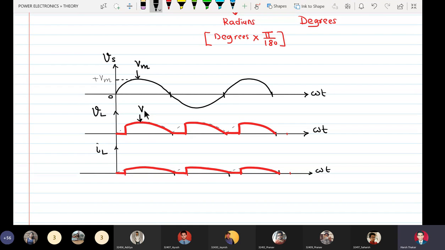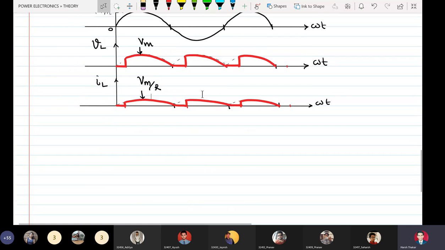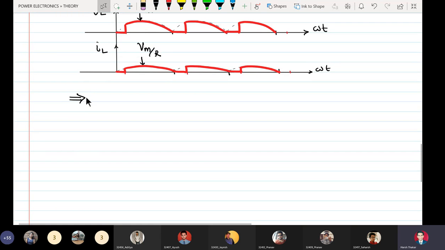So this will be also VM, but this peak will be VM by R. Okay, so we can comment from this that in this operation, the load current IL is discontinuous sinusoidal.